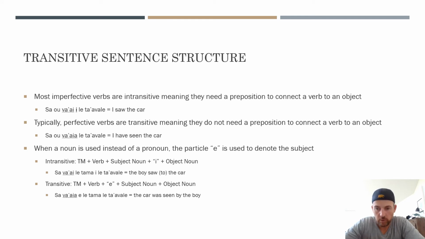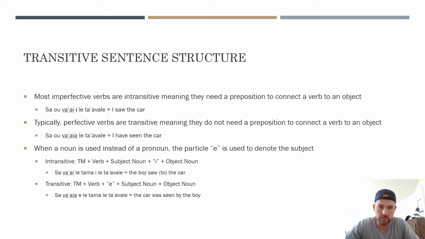Again, that's sort of what we know so far. Now that we've introduced perfective verbs and transitive sentence structure, there's a slight difference here. We drop the preposition just like we did above, but we add something new. We add what I'm going to call particle e, the letter E. And what e does is it marks the subject noun in the transitive sentence structure.